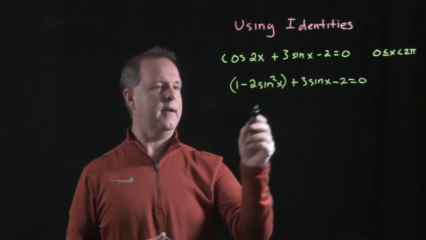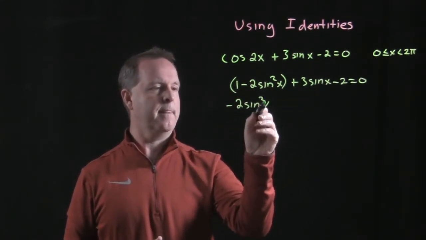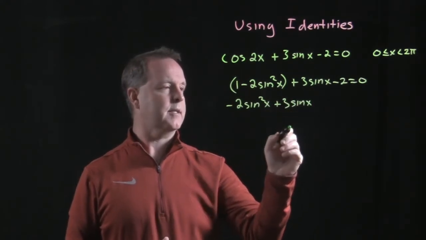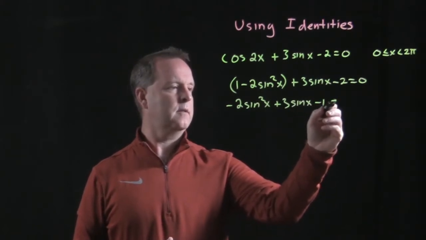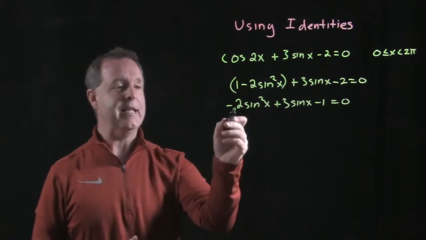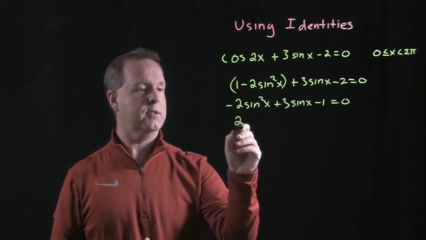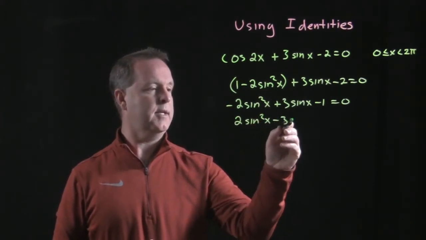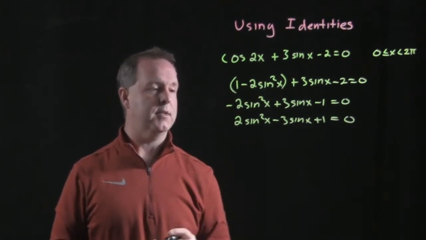I can add 1 to there, so I have a negative 2 sine squared x plus 3 sine x. 1 plus a negative 2 gives me a negative 1 equals 0. Let's multiply through now to get a leading coefficient of a positive. Let's multiply through by a negative. So it's 2 sine squared x minus 3 sine x plus 1 equals 0.